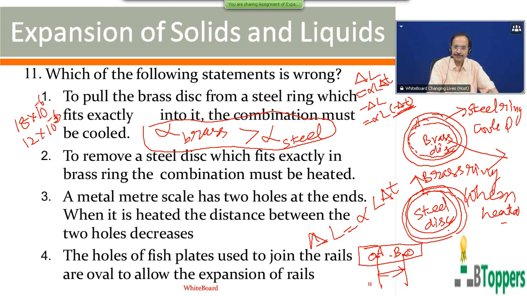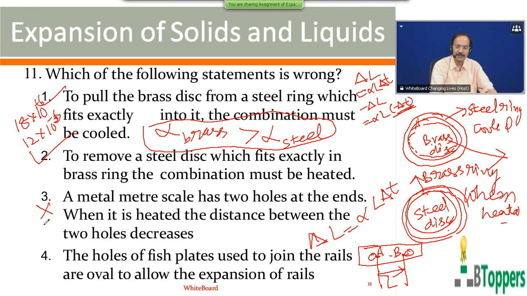A is one point of the scale and B is another point of the scale near the edges of the two holes. So when the solid is heated, the distance between any two points in the solid will increase. So the separation L between the two points A and B will increase on heating, or you can say the distance between the two holes increases. So statement 3 is wrong.